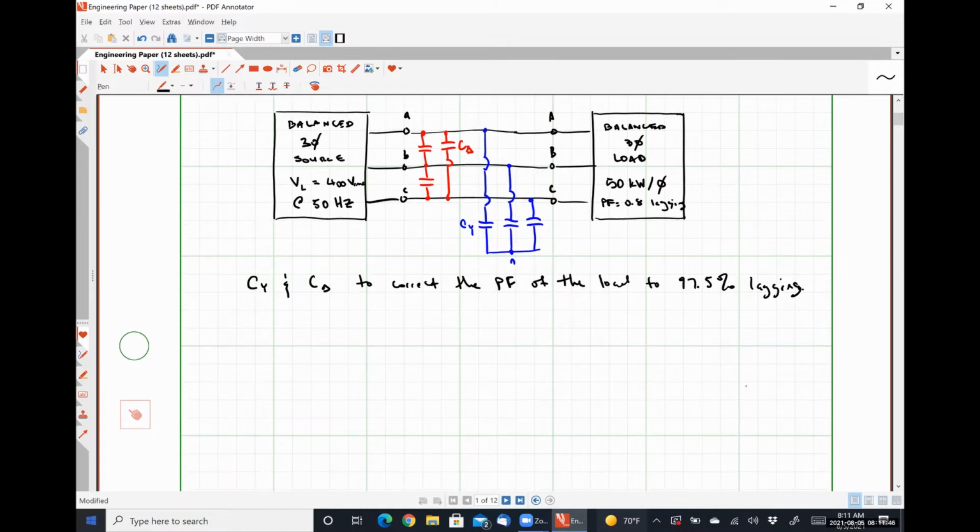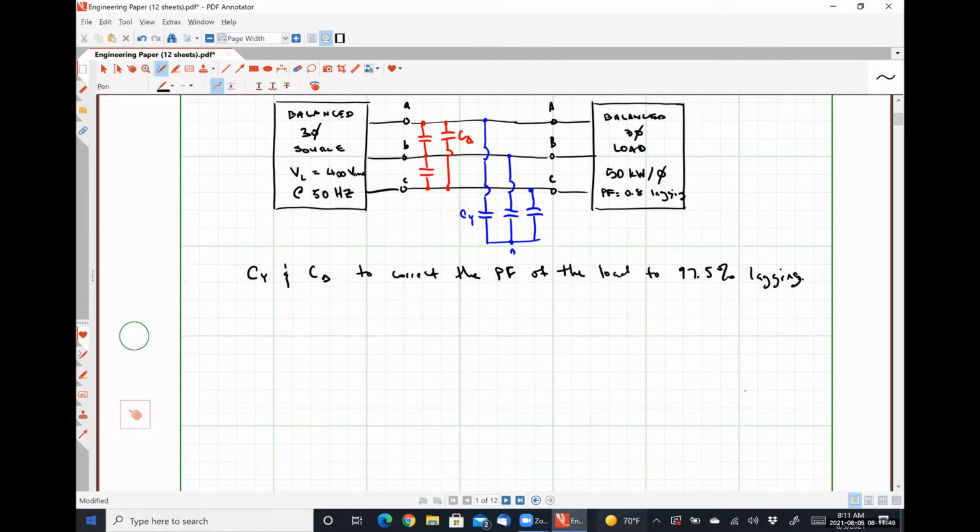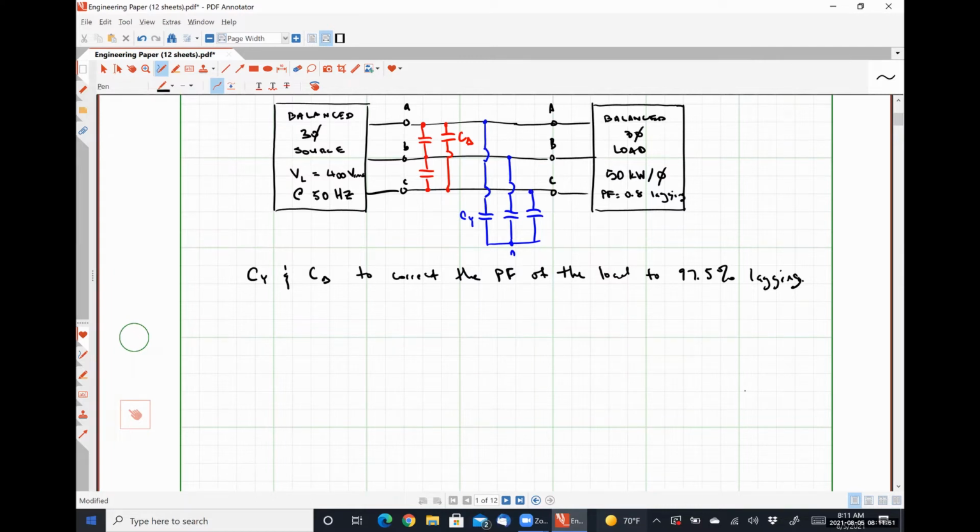So we know that C is equal to the average power, P, multiplied by the tangent of theta old minus the tangent of theta new, divided by omega VRMS squared.